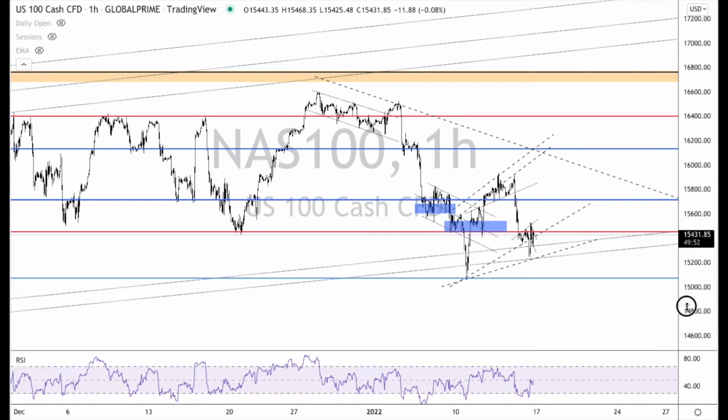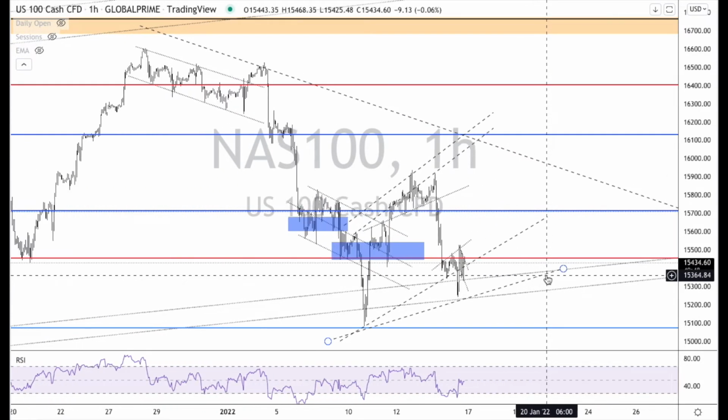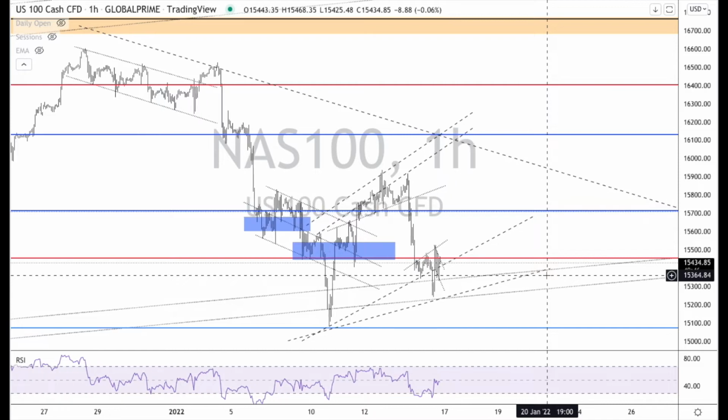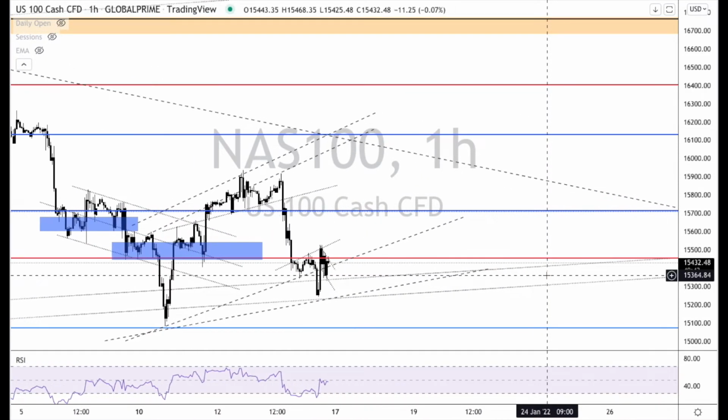Okay, yeah. So at the moment, as you can see, I'm doing more scribbles on the chart. The chart is looking like a real mess right now, but it's making sense to me in terms of what I'm looking for, what I'm hoping it's going to do, and how I plan to capitalize on that.